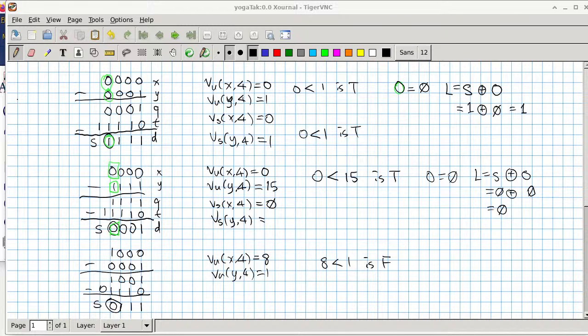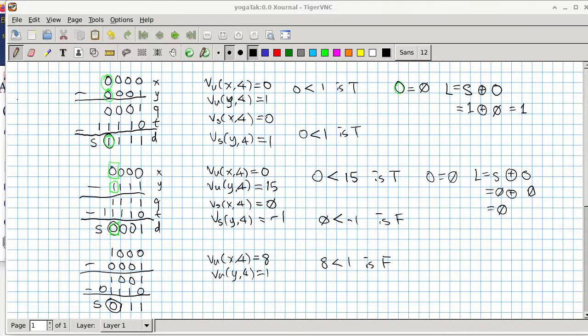We do not add the 8, we subtract the 8 from the 7. So we end up with negative 1. So now the question is, is 0 less than negative 1? Nope, it is false. So the L flag is correct because the L flag is a 0 in this case, and 0 is less than negative 1 is indeed false.